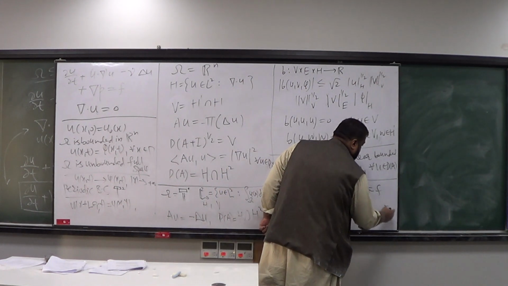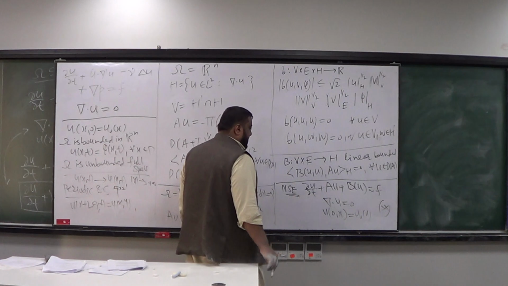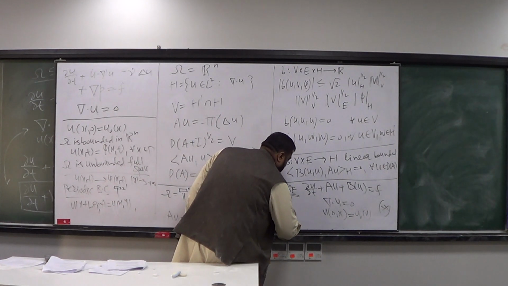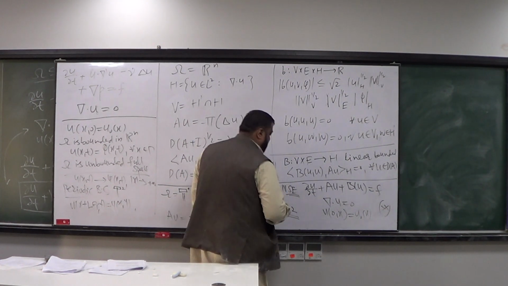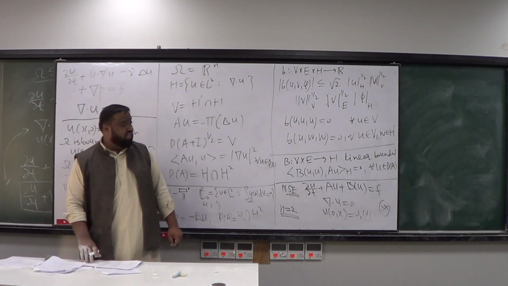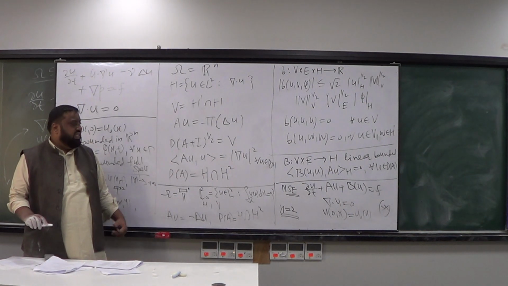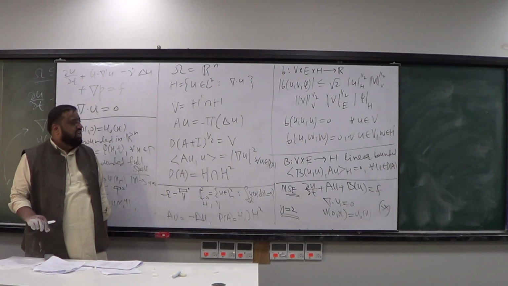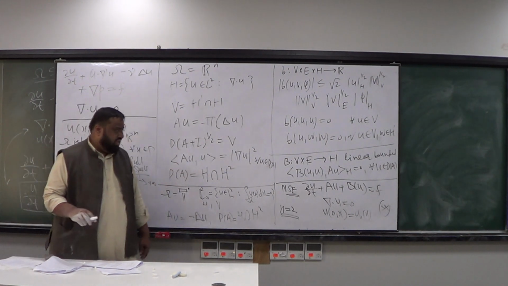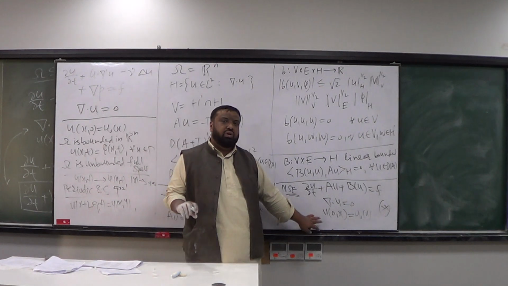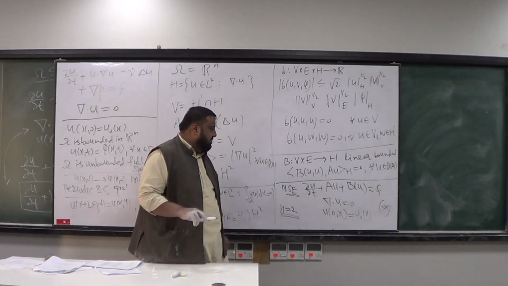This is the star problem that I am interested in solving for n equal to 2, when the dimension is 2. I'm going to do the existence and uniqueness of weak solutions for this problem in 2 dimensions.